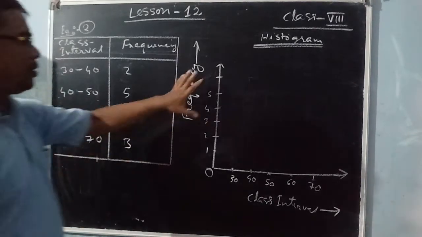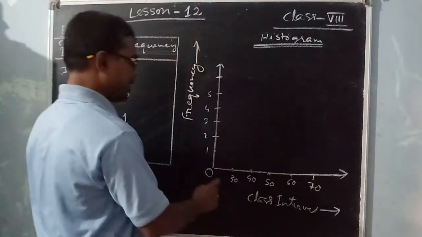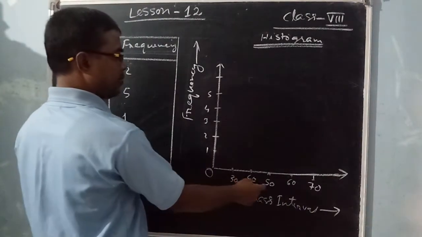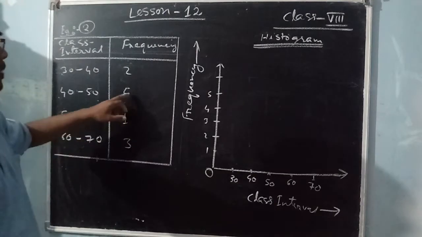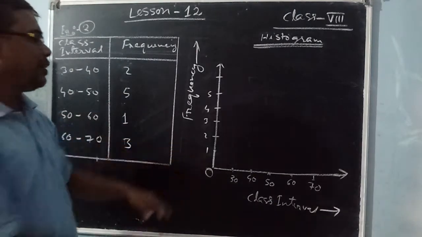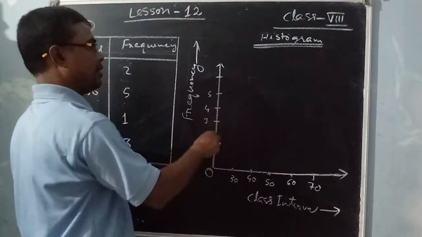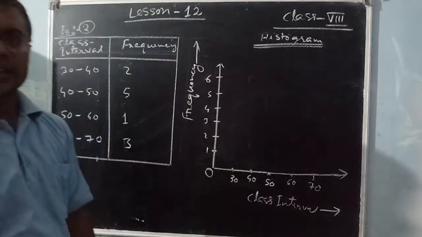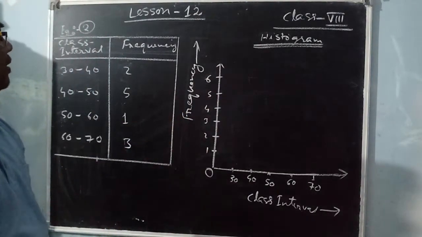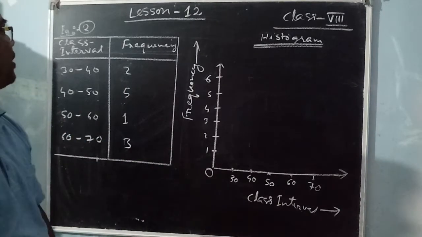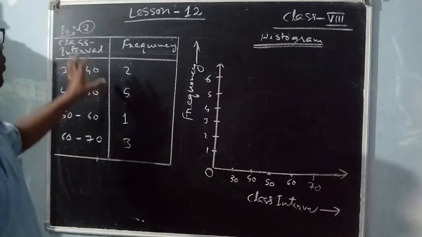Then we will plot on this side class interval as 30, 40, 50, 60, 70. And on this side, the biggest value is 5, so we write from 1 to 5, maybe 6. After drawing the x-axis and y-axis, you plot these values.